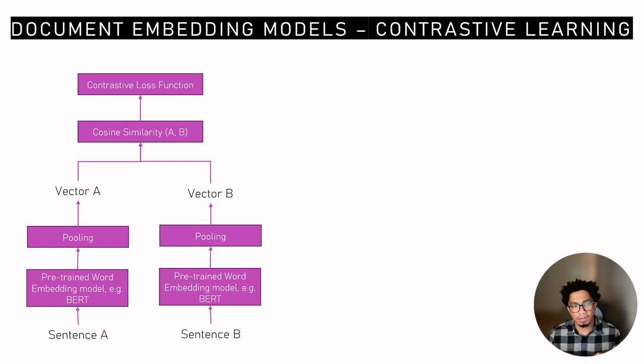And you then calculate the cosine similarity or whatever similarity function. And you apply contrastive loss function on top of that. And you train the model so that it then back propagates and the parameters are sort of updated.